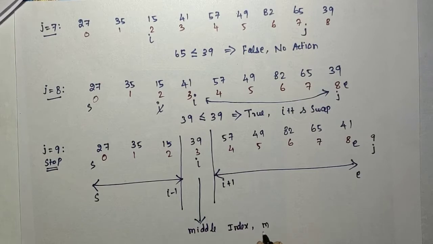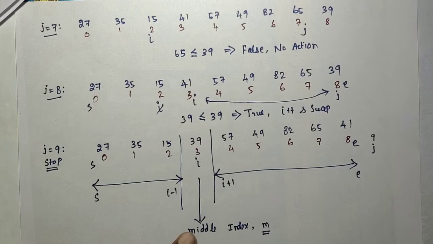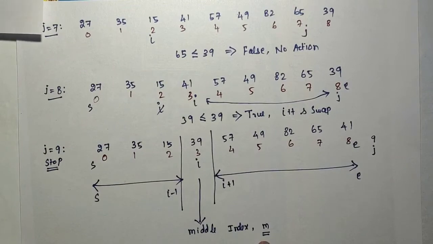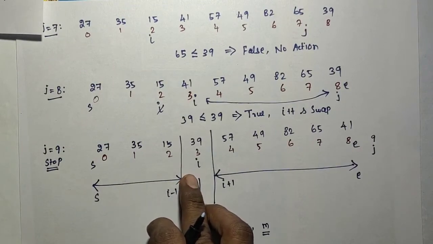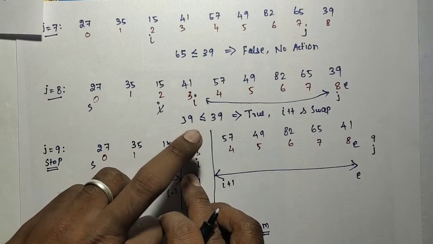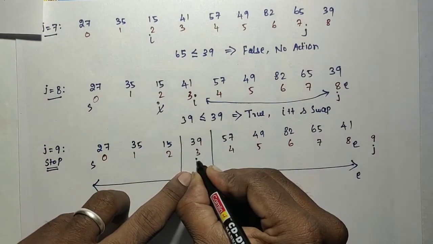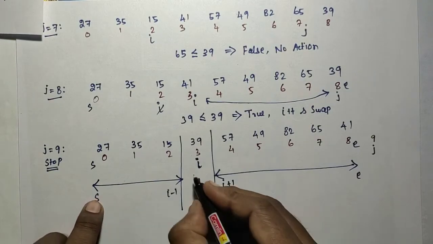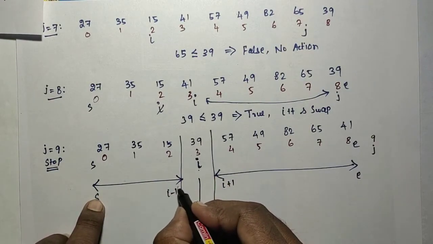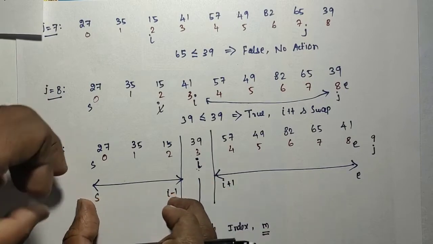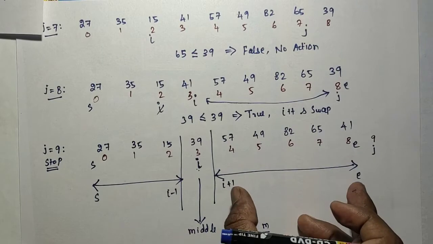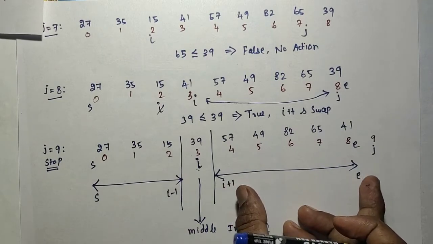Index m. What is the meaning? The partition algorithm is going to do these changes, and it will return the index of the middle element. The middle element is nothing but the key element position. What is that index here? i. So i will be returned as the middle element. It means that S to m minus 1 has to be sorted again, and then m plus 1 to E has to be sorted again.